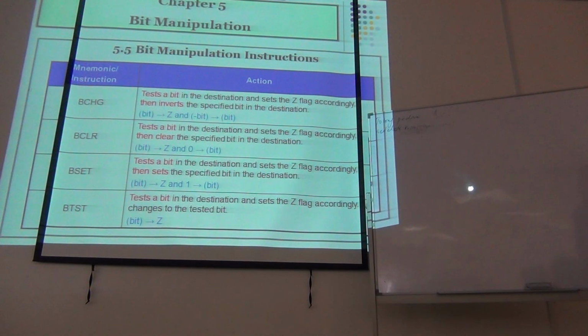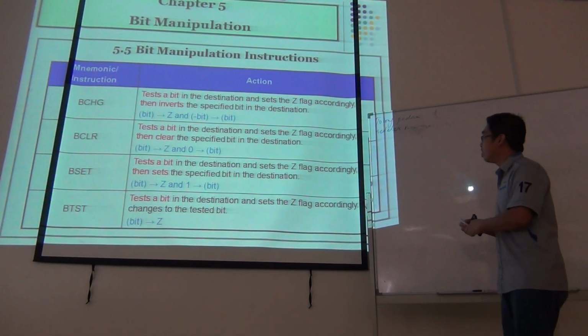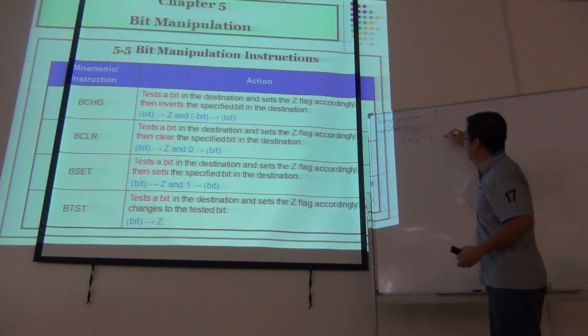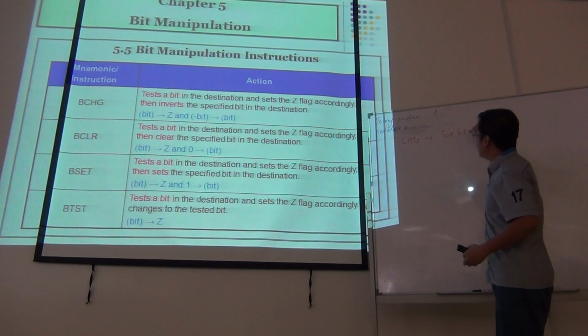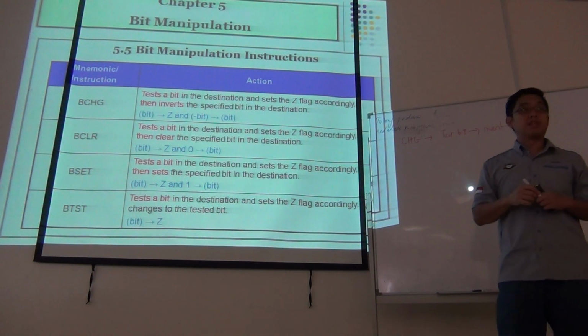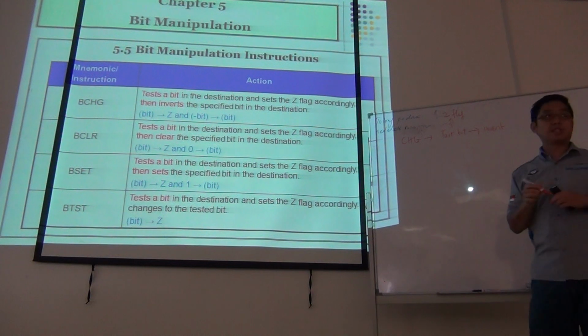If the value is 0, you change it to 1. If the value is 1, you change it to 0. So that's the meaning of change. First you test the bit, look at the Z flag, and then you invert.